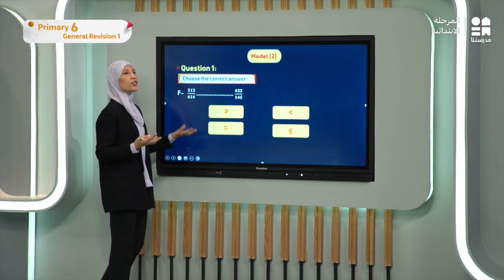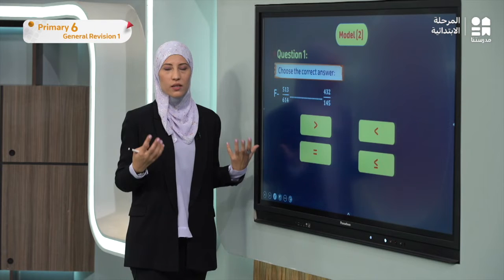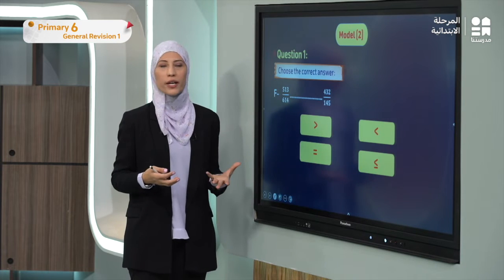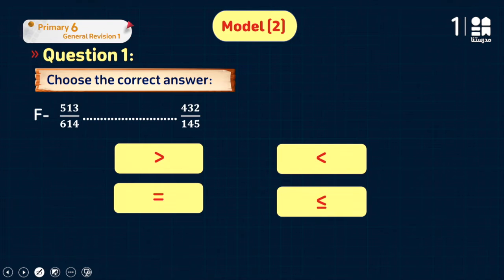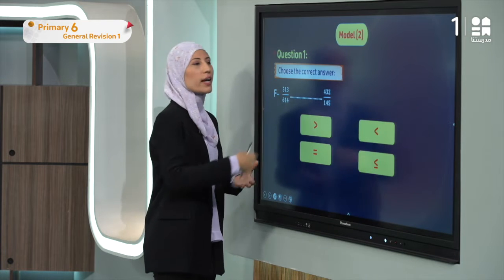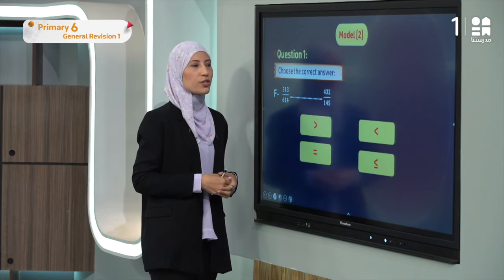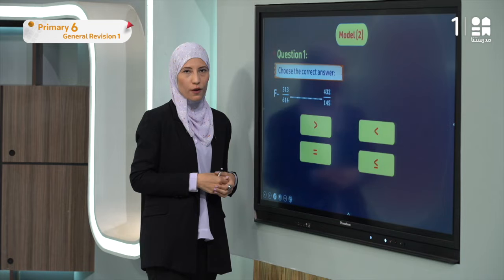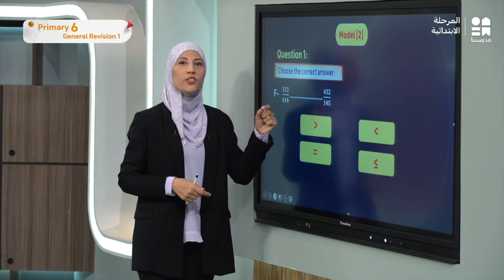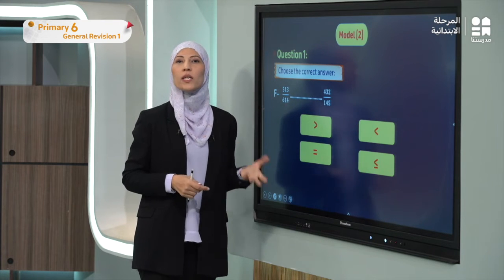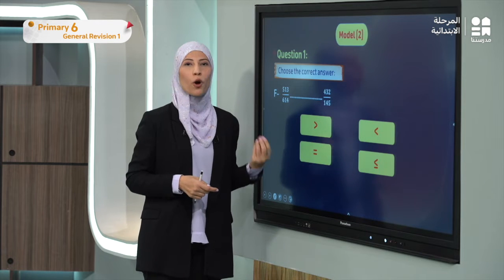Okay, I have here two fractions, and I want to put the sign. The first fraction is 513 out of 614, and it's a proper fraction. The second one is 432 out of 145. We all know, yes, sixth primary, that when the numerator is greater than the denominator, it is an improper fraction.